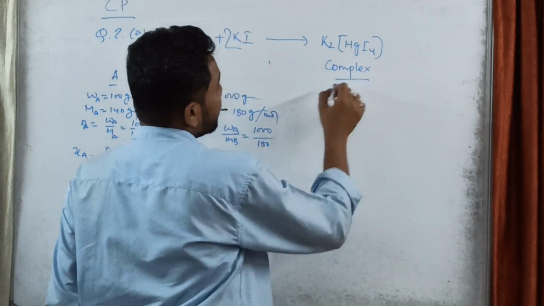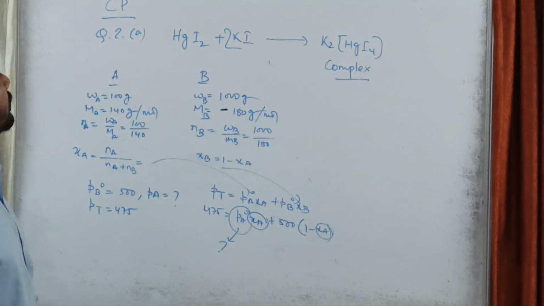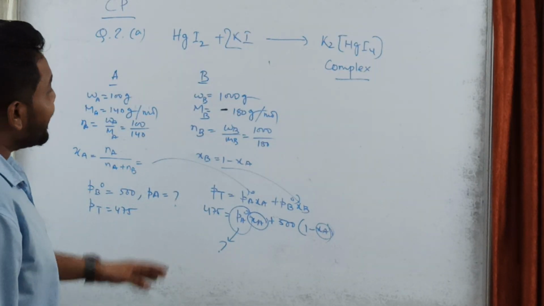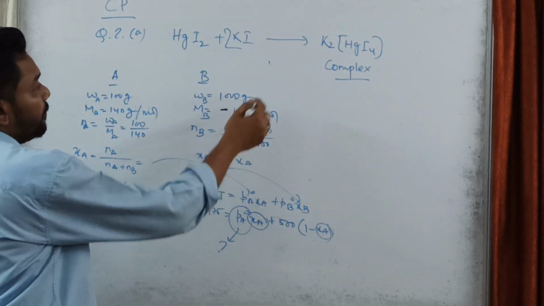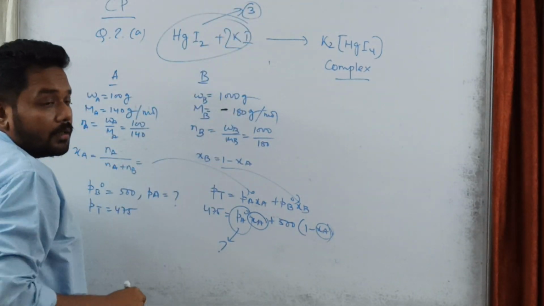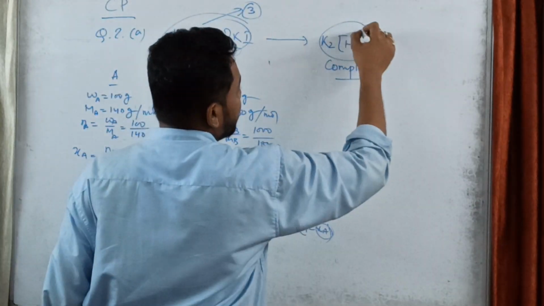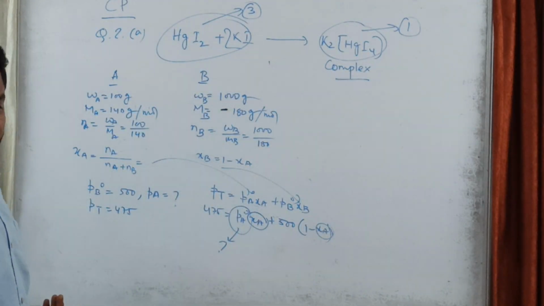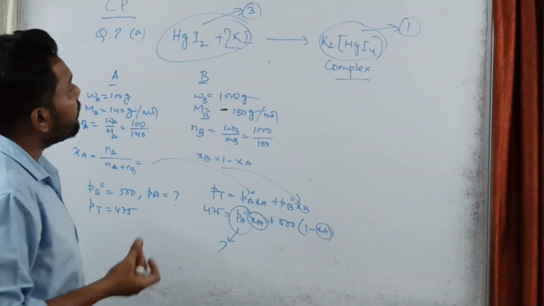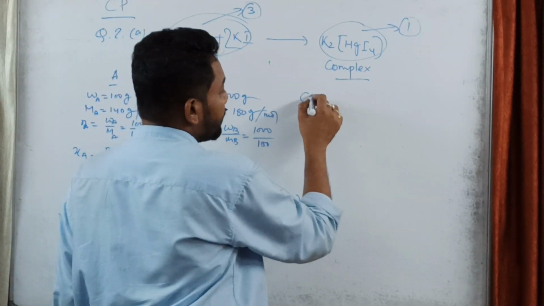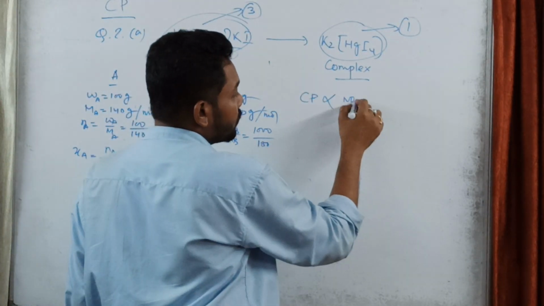Now try to understand in this problem, HgI2 is present over here and 2KI is present over here. So before the reaction, how many molecules are there? Three. But after the reaction, how many complexes? Only one. So the number of solutes increases or decreases? Decreases. You all know colligative property is directly proportional to the number of solutes.